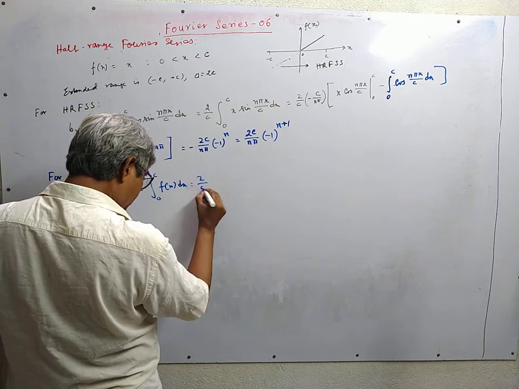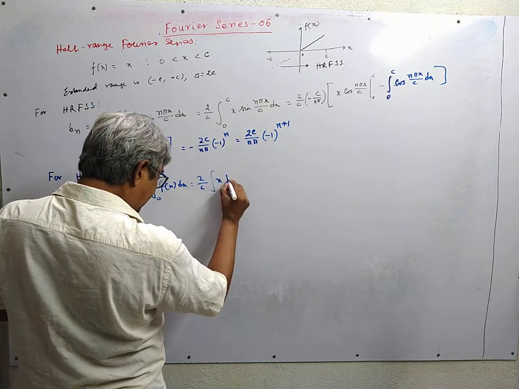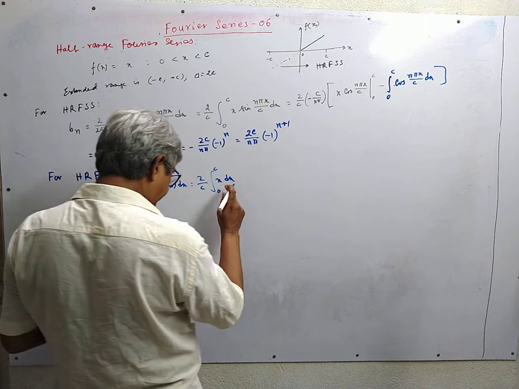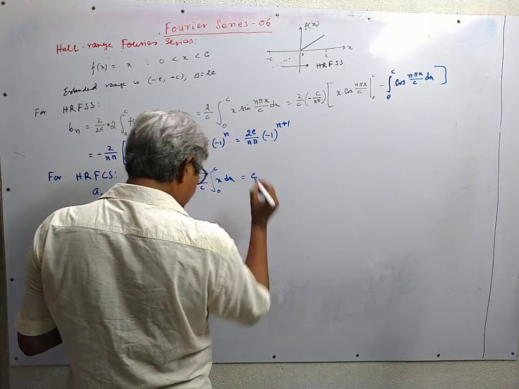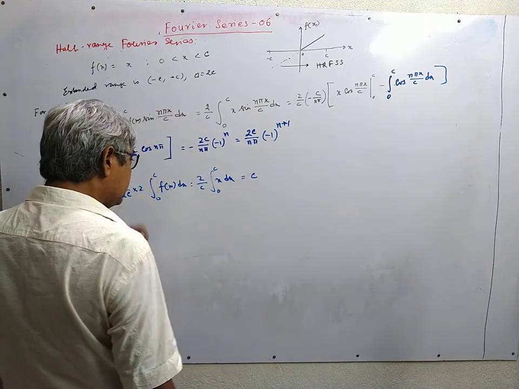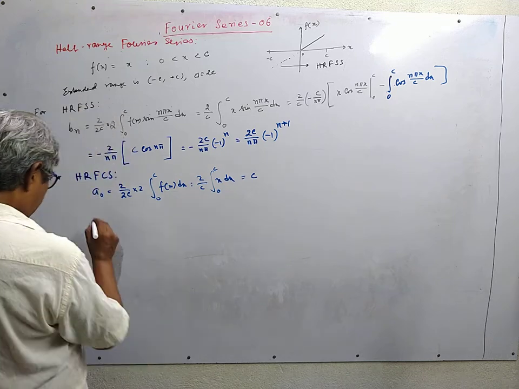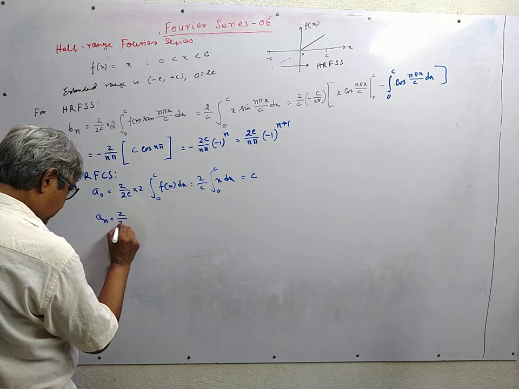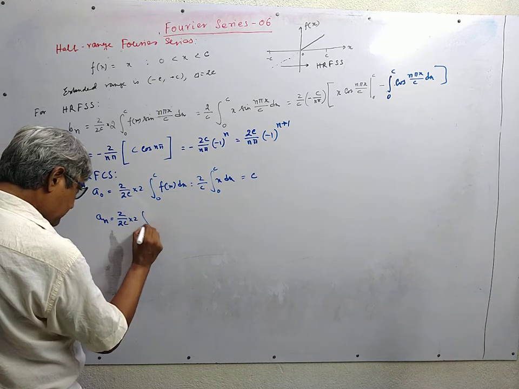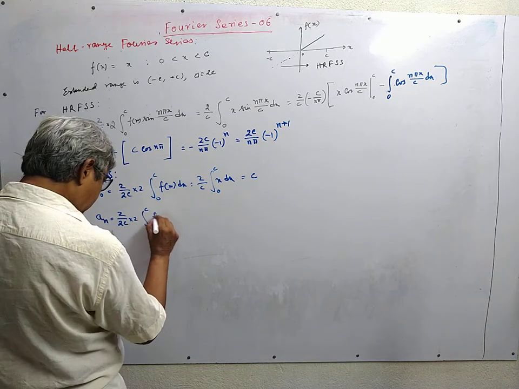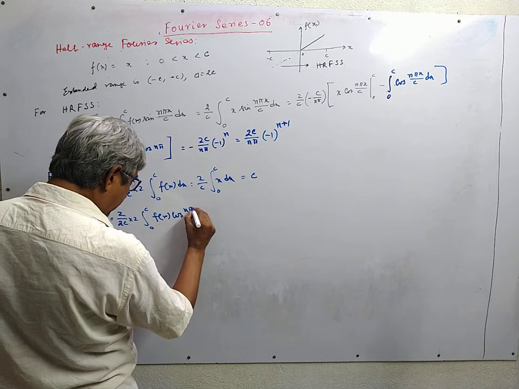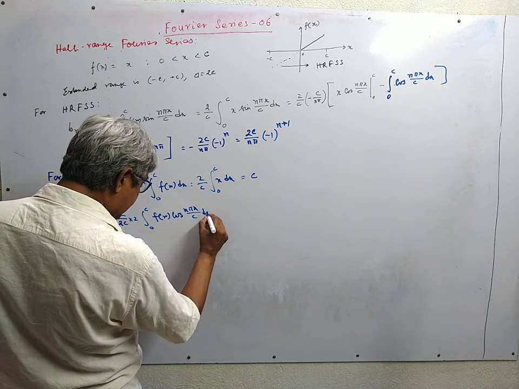This is 2 by c, x dx from 0 to c. So this is simply c, and an is equal to 2 upon 2c into 2, integral 0 to c f of x cos of n pi x by c dx.